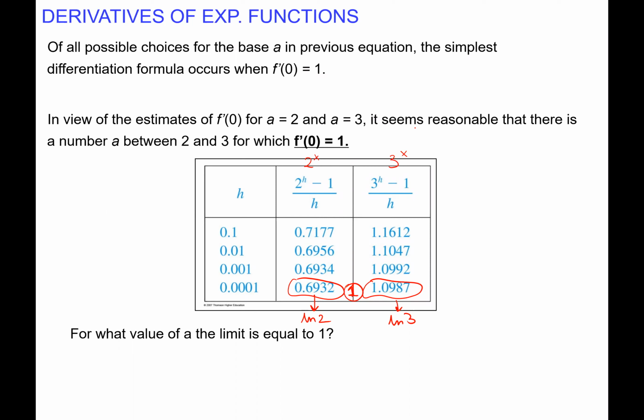Okay, that means now the question is, thinking about this limit, and knowing that this limit is ln of that quantity, mathematicians wanted to know: natural log of what number will give me exactly 1? And of course, that's one of the ways to define the number e.